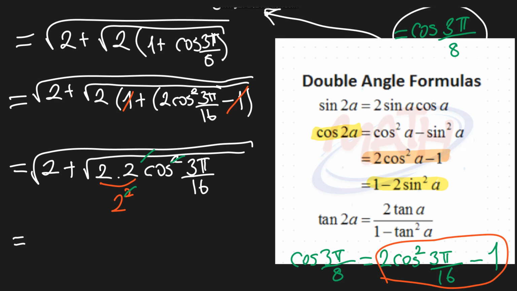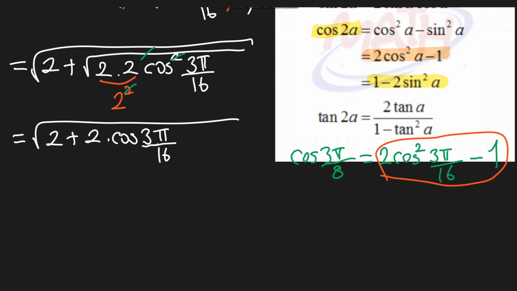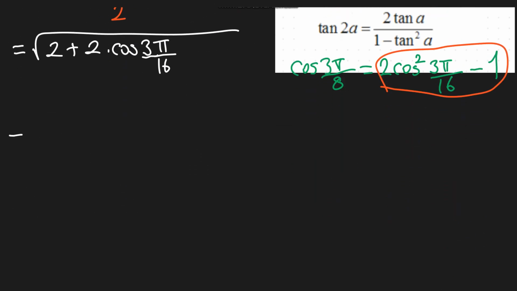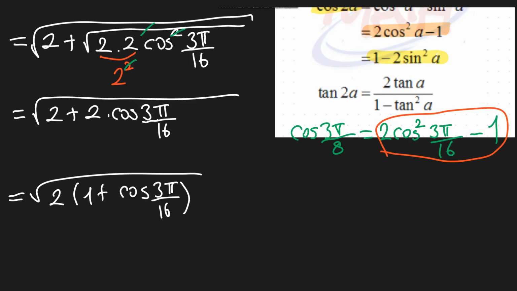Rewriting what we got. 2 plus 2 times cosine 3 pi over 16. As you can see, we are repeating the steps. Now we can factor these two out. I'm going to use the double angle formula one more time. We have 1, so get rid of this 1.